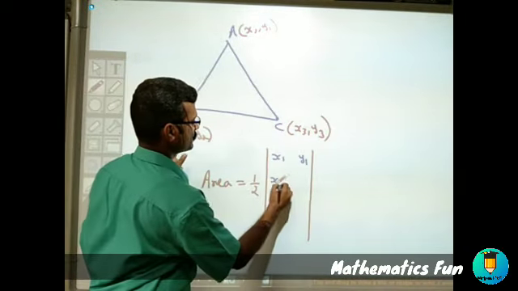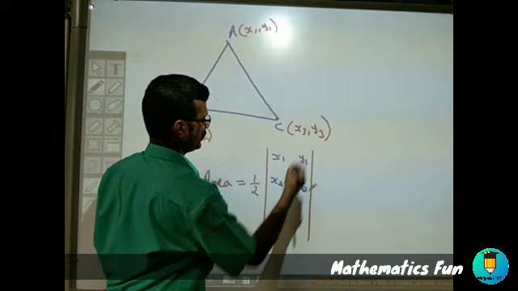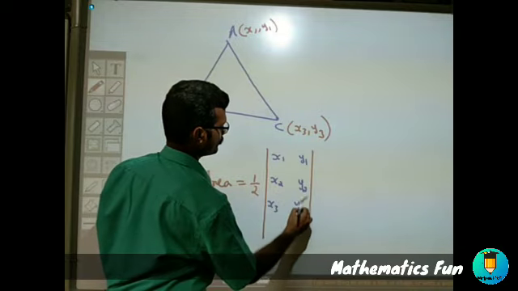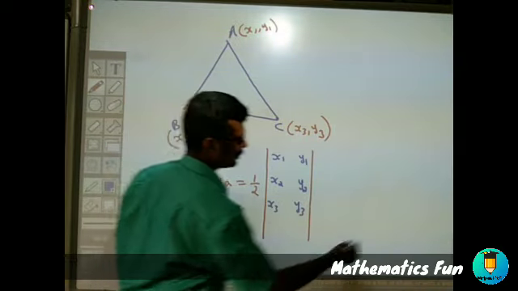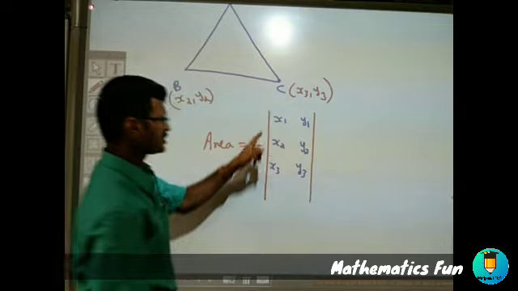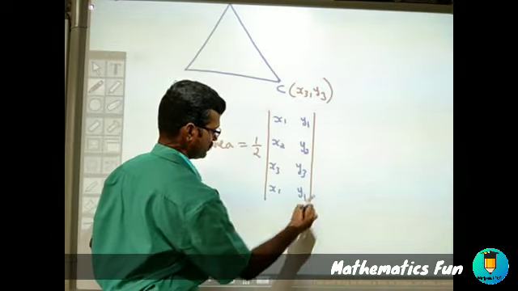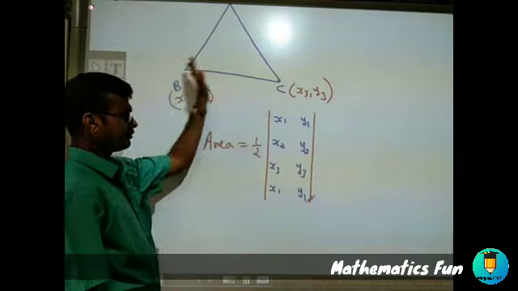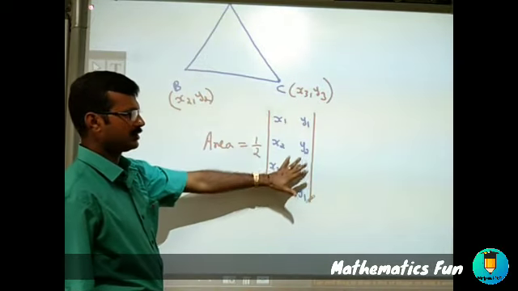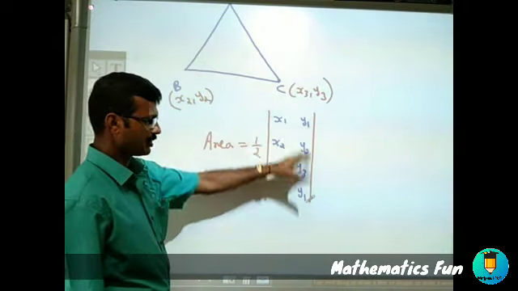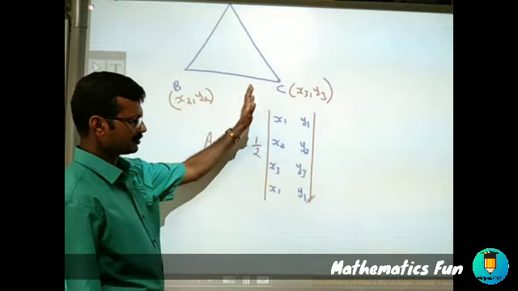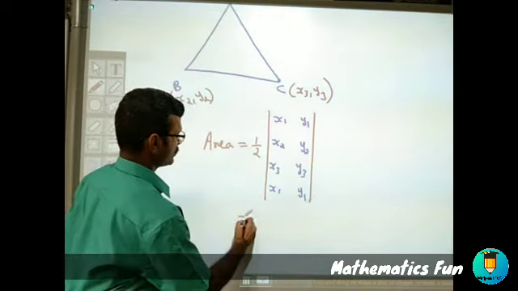Next, x2, y2. Next, x3, y3. And then once again write the first coordinates, x1, y1. This is the easy way, otherwise remembering so many variables will be difficult. So remember this technique.